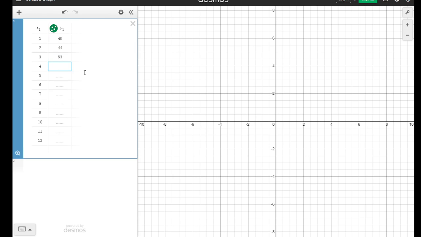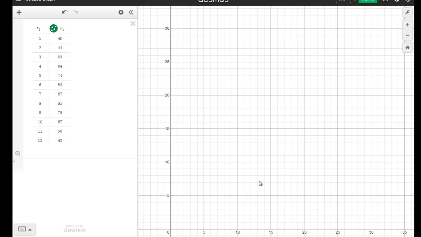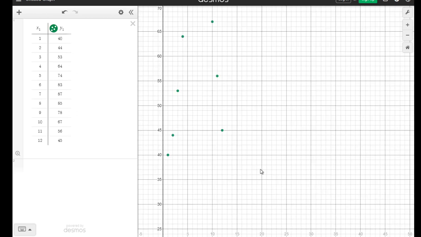Now I'm inserting the values of the points in here: 87, 85, 78. Okay, and now what I need to do is find out where it is on the graph.